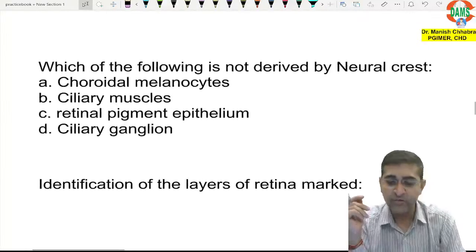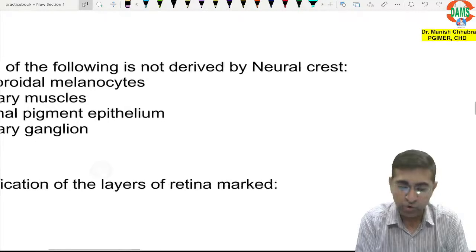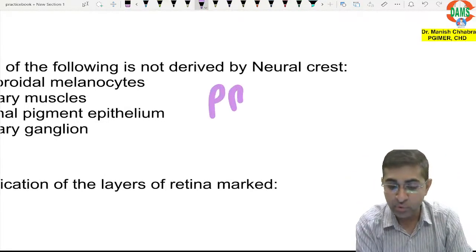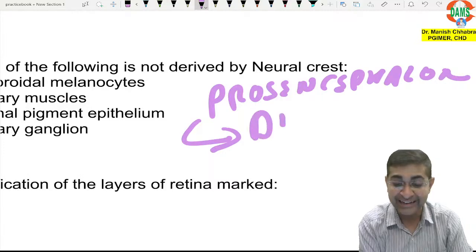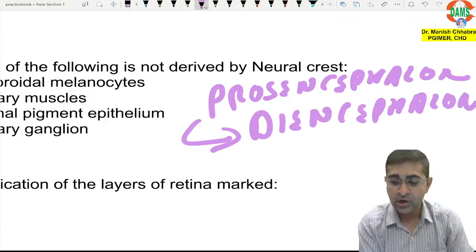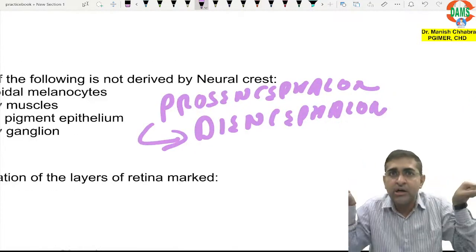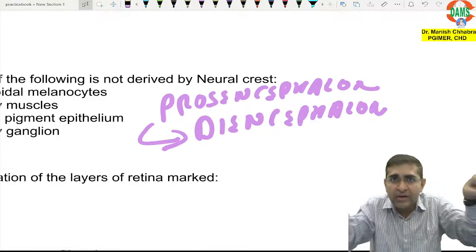Which of the following is not derived by neural crest? Now you know that the eyeball is developed from prosencephalon. There is a part of the prosencephalon which is diencephalon. There is protrusion of two optic stalks from the diencephalon on the lateral side. Then they move anteriorly.